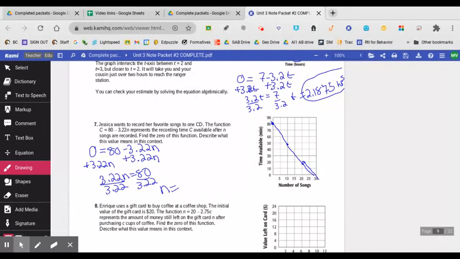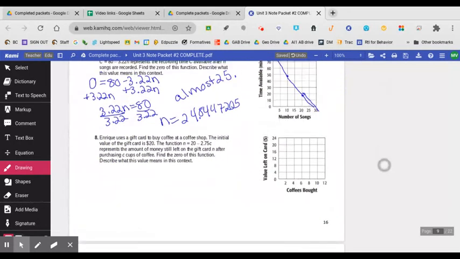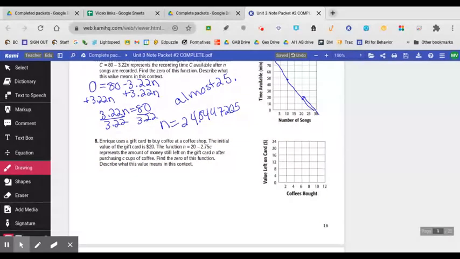And n equals 24.8447205. So that means I can record almost 25 songs, but not quite. Okay, so I want you to pause and try number 8 and come back and check.